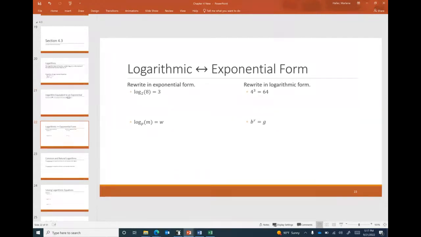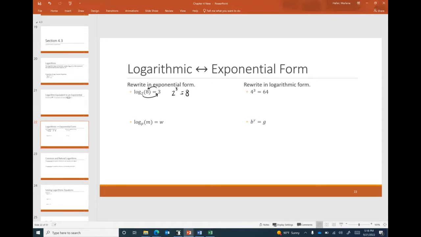Some examples. I'm a very visual person, so I like to think about it as going around the circle. If I have this logarithmic equation and I want to write it as an exponential equation, always start with the base and then just go around the circle. So log base 2 of 8 equals 3 is equivalent, in exponential form, to 2 to the third power equals 8.